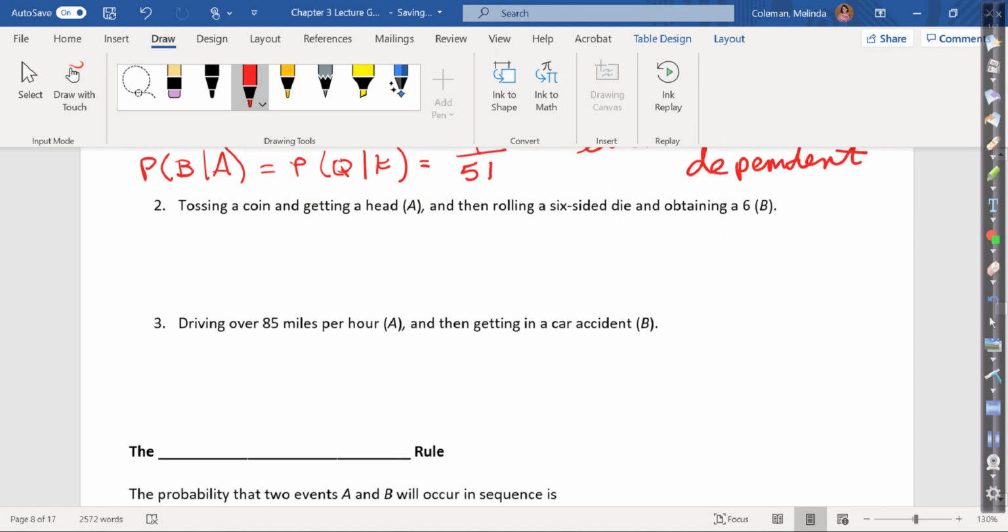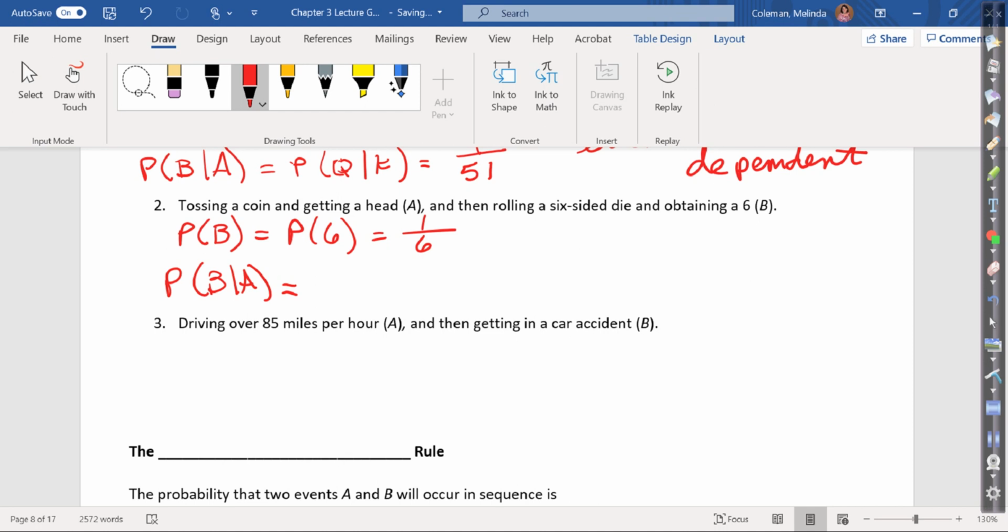All right, tossing a coin and getting a heads, then rolling a 6-sided die and obtaining a 6. So again, the probability of B is the probability of rolling a 6. Well, there's only 1 six on that die, so it's 1/6. The probability of B given A is the probability of getting a 6 given that you already have a heads.